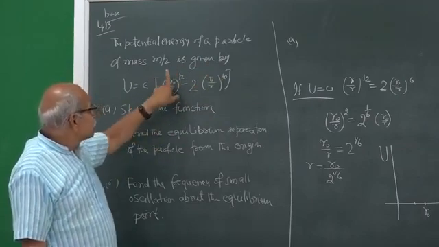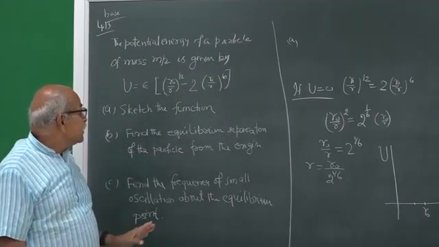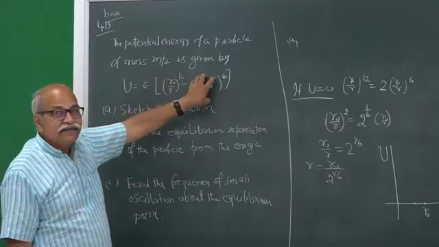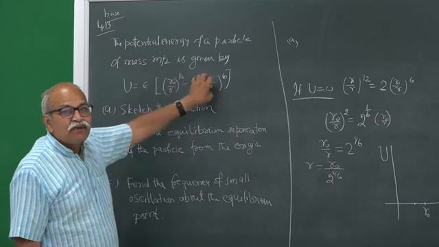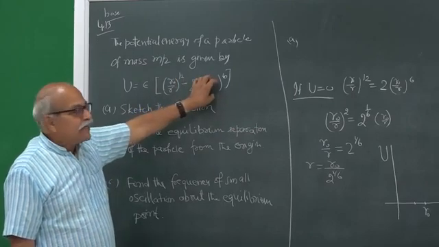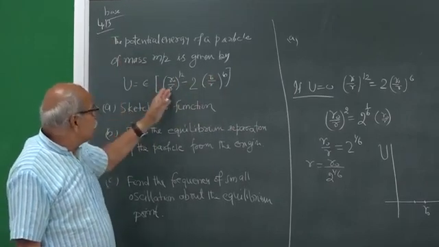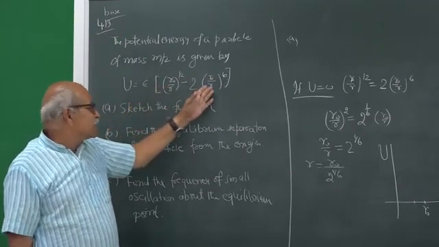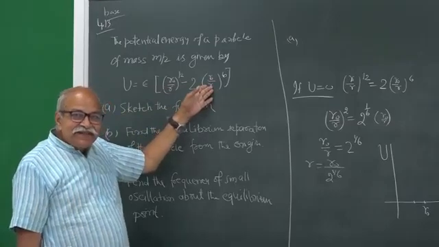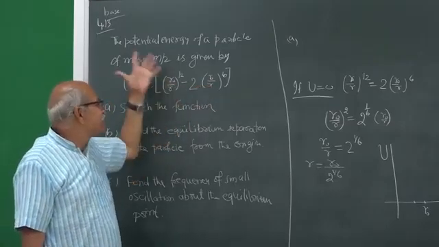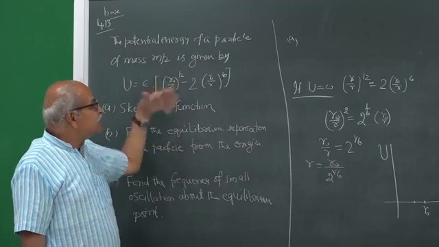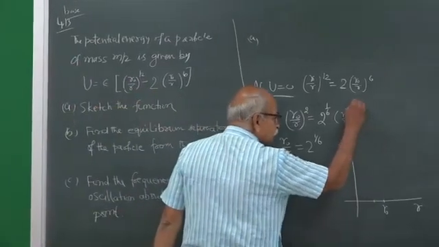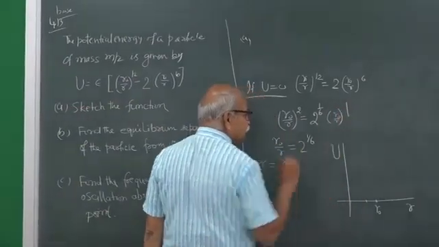That means, for very small r, the first term is much larger, and the whole quantity is positive and going to infinity. So, for very small r, the curve comes from here.